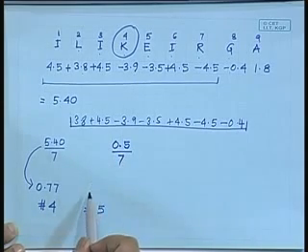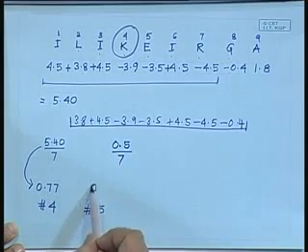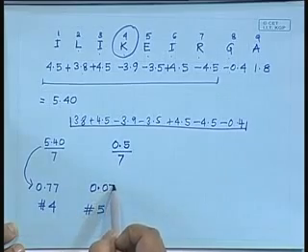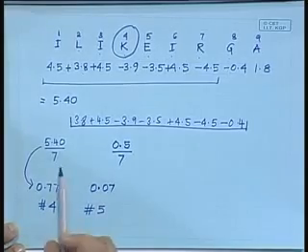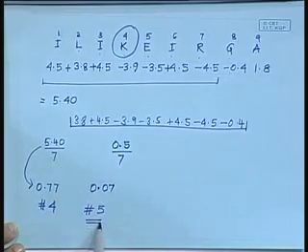That is going to give me 0.07. This is assigned to residue number 5.